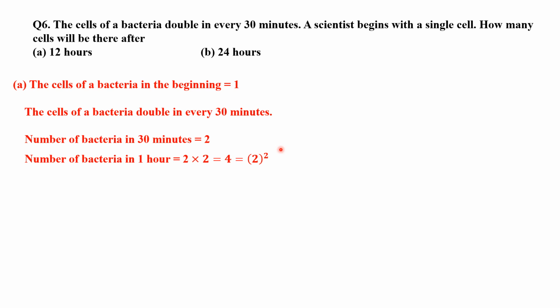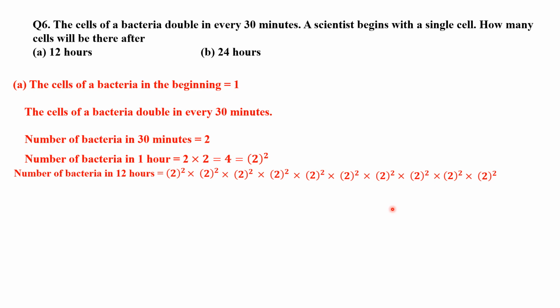Now in the same way, if you keep on calculating, in each hour it is getting increased by 2 to the power 2. So if you have to find the number of bacteria in 12 hours, the first hour is 2 squared, the second hour is also multiplied by 2 squared, then third hour, fourth hour, fifth hour, sixth hour, seventh hour, eighth hour, ninth hour, 10th hour, 11th hour and 12th hour.